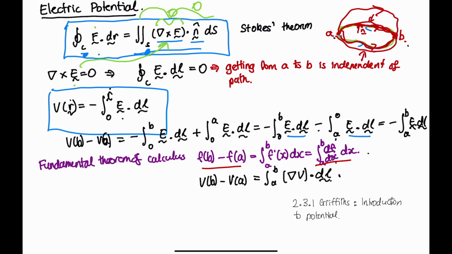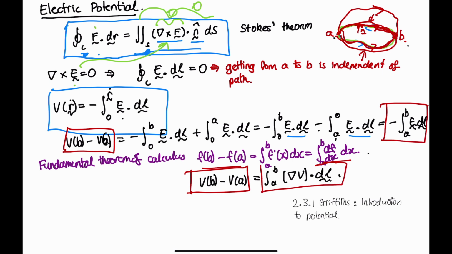And why that is important is we've got V(b) minus V(a) here and V(b) minus V(a) here. So this is saying that this thing here must be equal to this thing here because they're both equal to V(b) minus V(a). So let's just write that out.